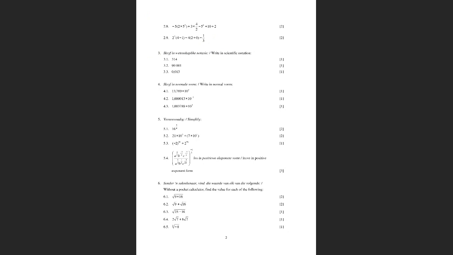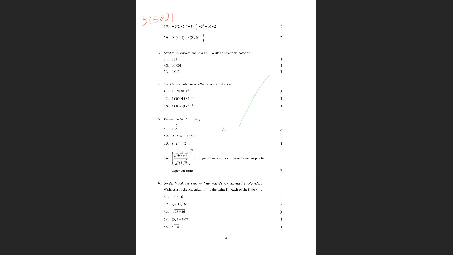So we have minus 5 times, in the bracket, 5 squared is 25 times 2, we get 50.